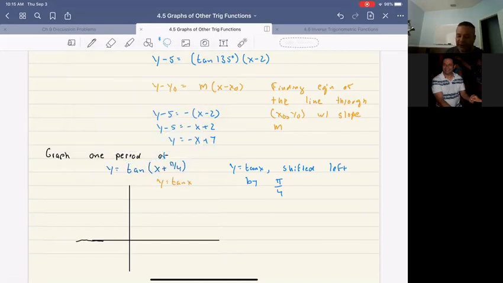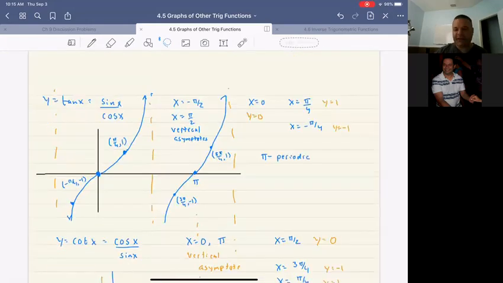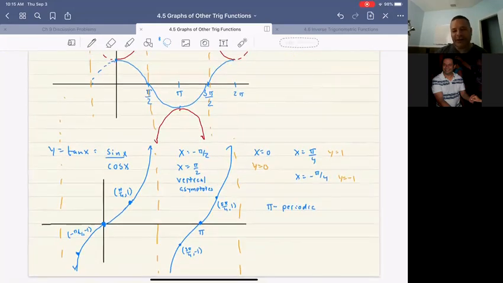The tangent graph, remember, has an asymptote at negative pi over 2, an asymptote at pi over 2, and zeros at 0, and 1 at pi over 4, negative 1 at negative pi over 4. So this is our regular tangent graph.